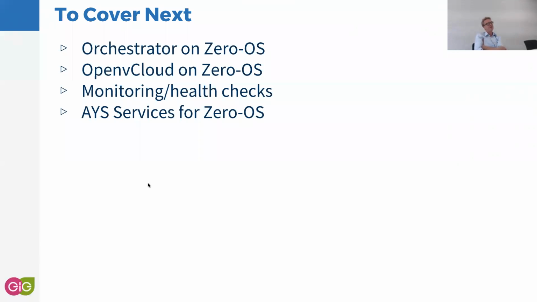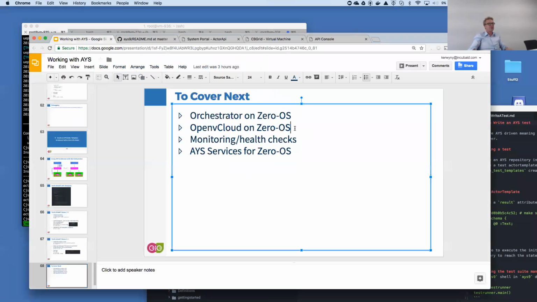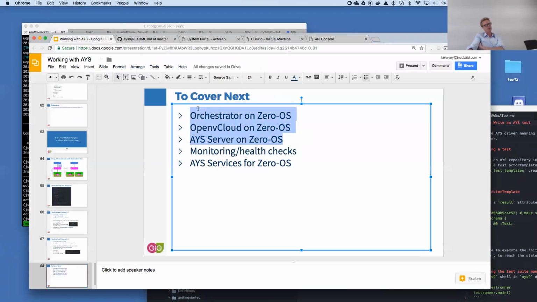And then also the AYS server. I'm not putting it on the slide. It's actually a third bullet point I should add here. So let's put the AYS server on 0S, because I'm running it also now on a Docker container. So all three components that are typically related should be running on 0S.